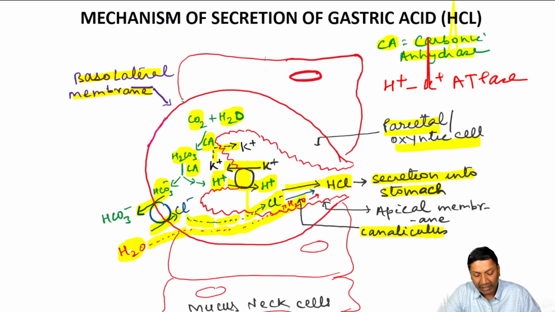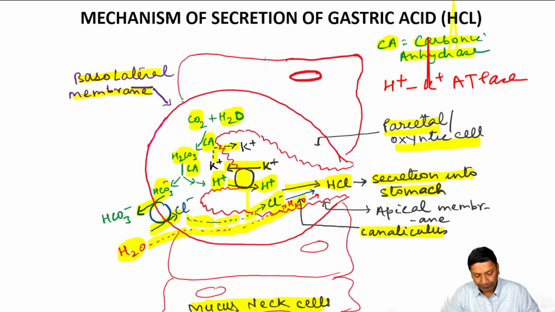And the parietal cell is surrounded by some other cells. These cells are called the mucous neck cells. These mucous neck cells produce mucus into the stomach, right? So this is the mechanism of secretion of the gastric juice, how the gastric juice is secreted, right?